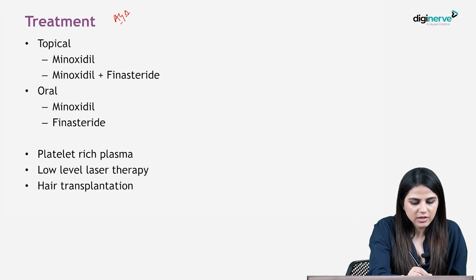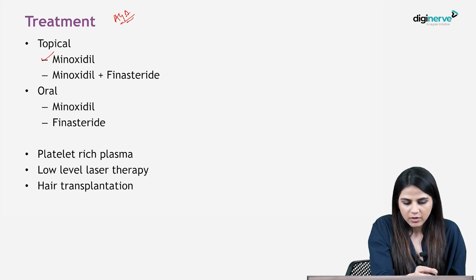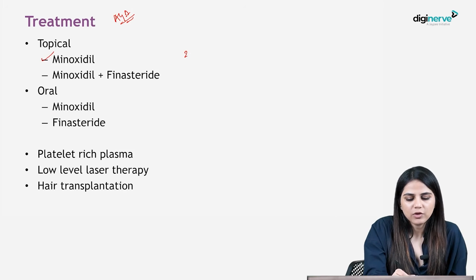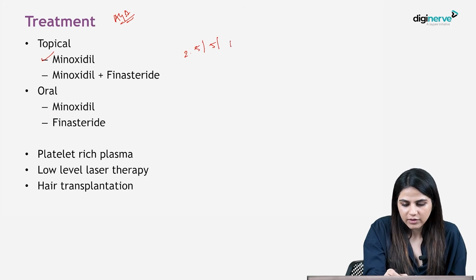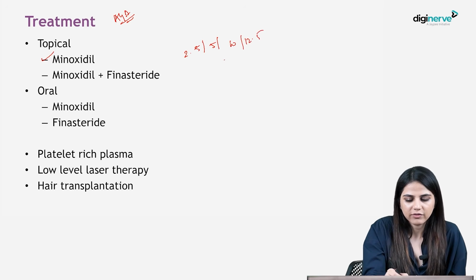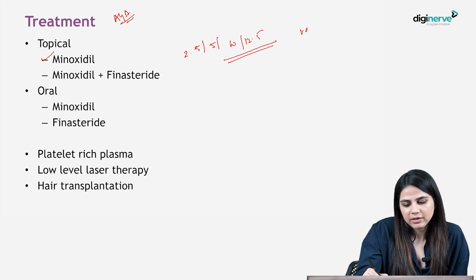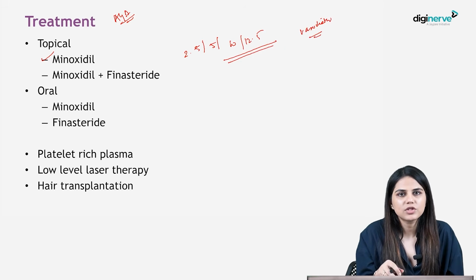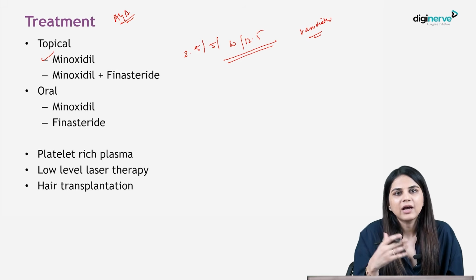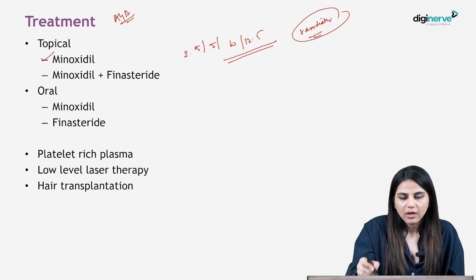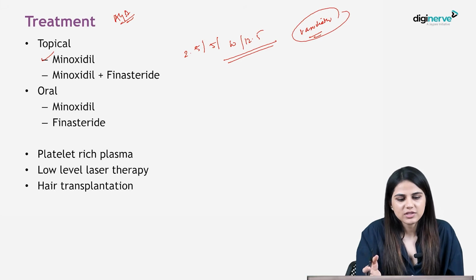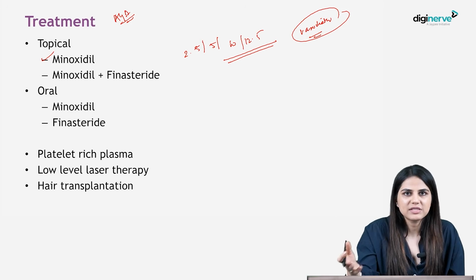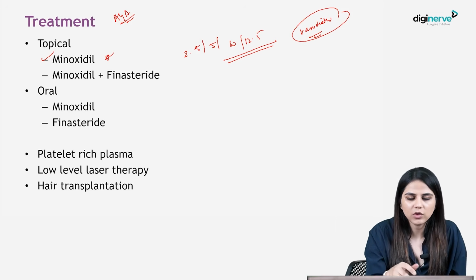AGA is treated with minoxidil, which comes in a solution form in 2.5, 5, 10 and 12.5. It is a vasodilator. Initially, it was used for treating hypertension, and suddenly in the people who were treated, hair growth was seen. So this is known as serendipity in dermatology.